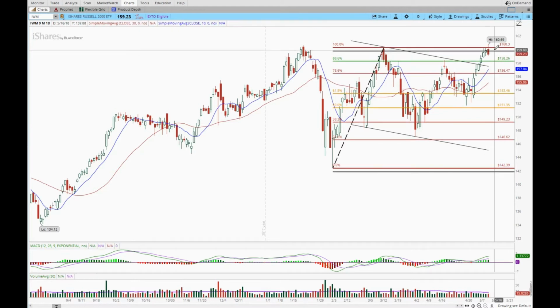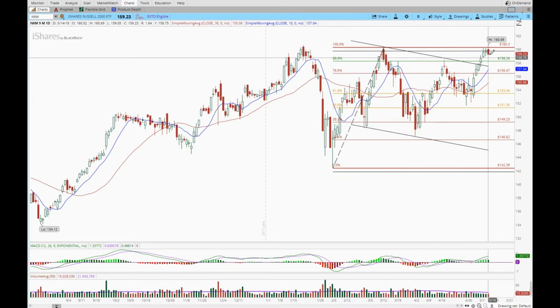It retraced back, and now, you never know, probably tomorrow it's going to continue to the upside, but it could go back to this level here or this level here, and then start moving up a little bit. The good thing in this one is that this channel is also broken to the upside, so it could go back to this channel here, and then touch it and then go up.